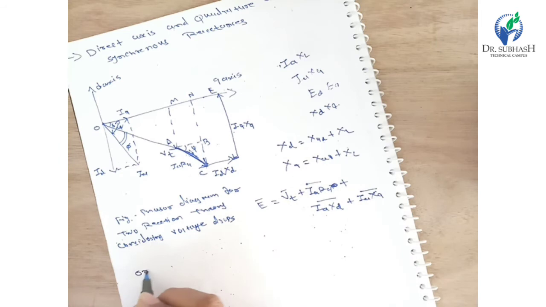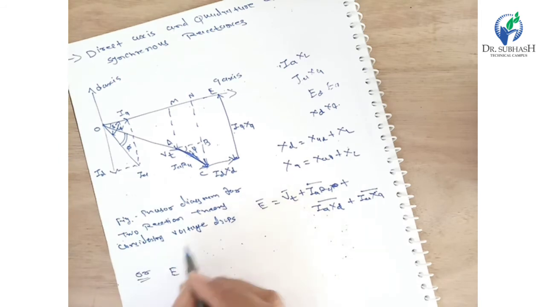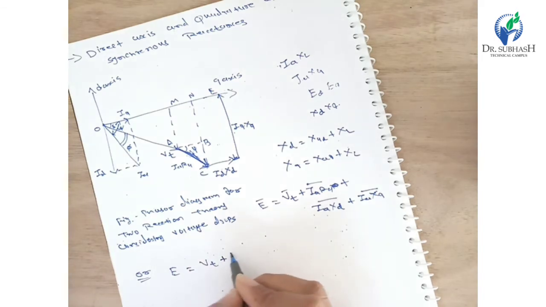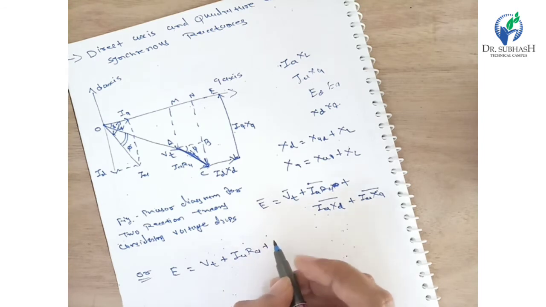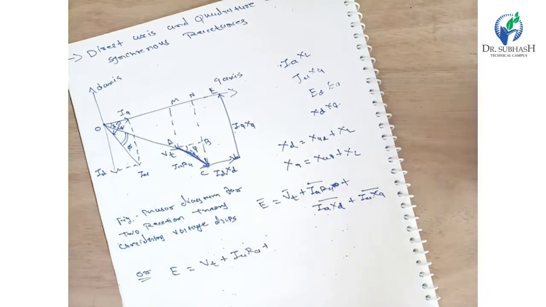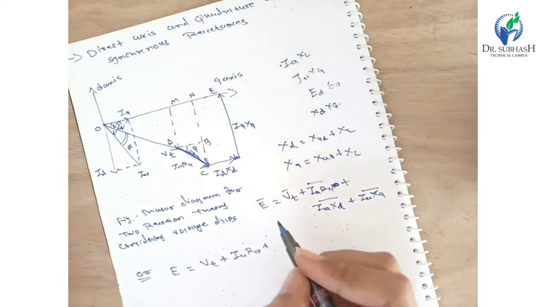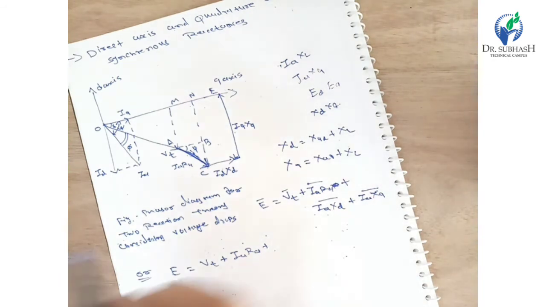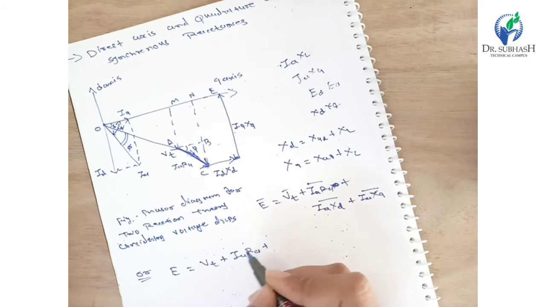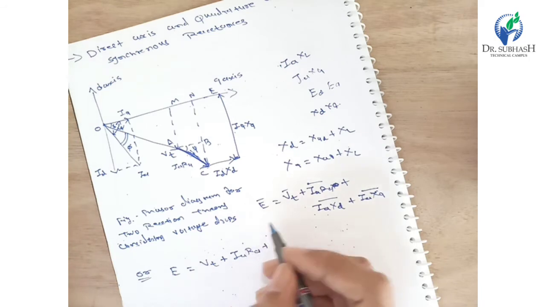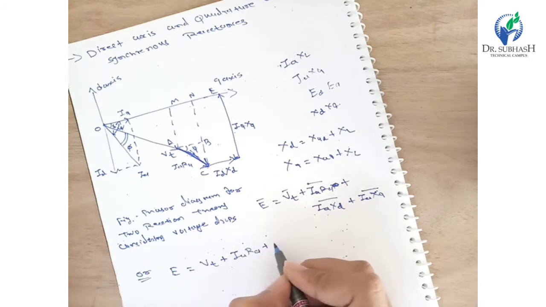In the same way, the next step of this equation is E equal to terminal voltage Vt plus Ia into Ra, which is the real part of this equation, and the imaginary part is in the form of j.